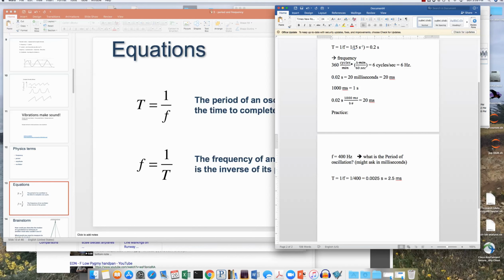Another example in the audible range is I might say that the period is equal to, let's say, 0.5 milliseconds. And I might ask, what is the frequency of oscillations?